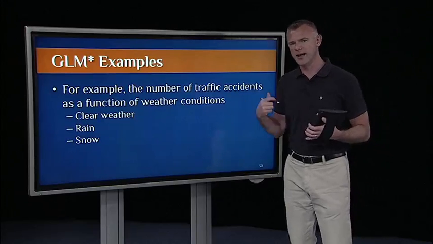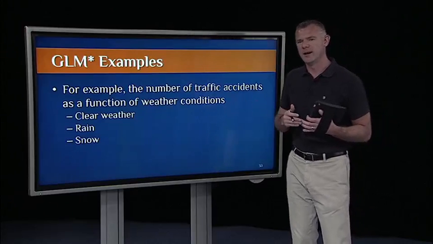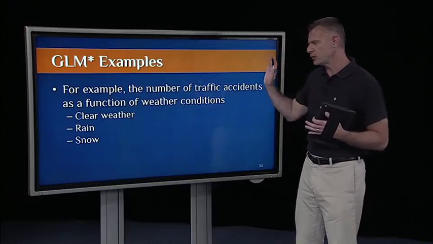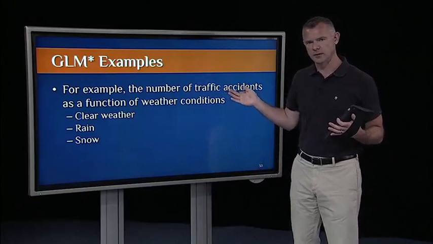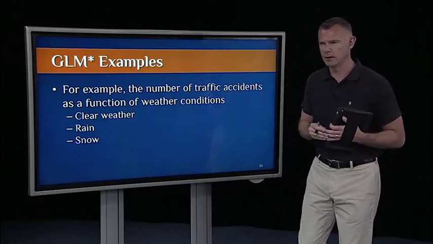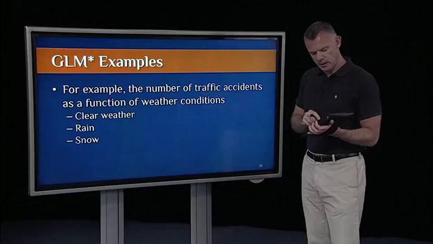We talked about traffic accidents as a function of talking on a cell phone, right? But regardless of that, you could just look at traffic accidents as a function of weather conditions, like difficulty in the driving simulator.